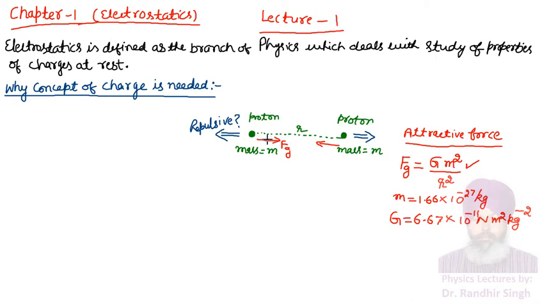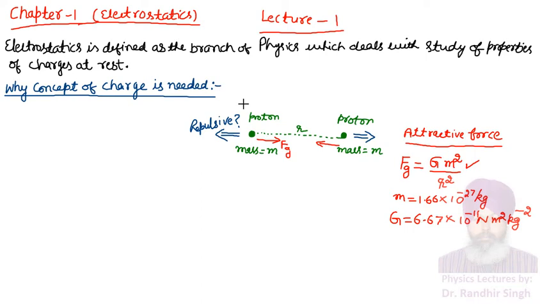So in the context of gravitational force, we cannot give an answer to this experimental observation, that when two protons are placed close to each other in free space, then why they repel each other. We are unable to answer this experimental observation.